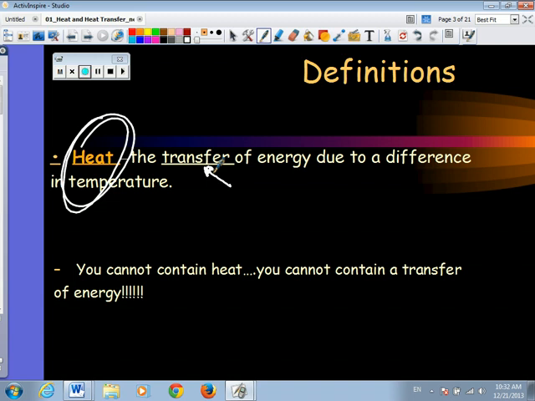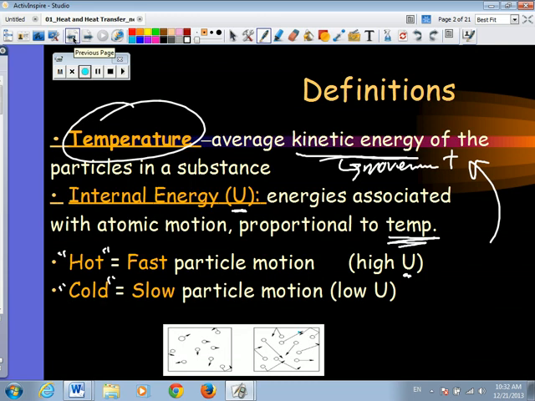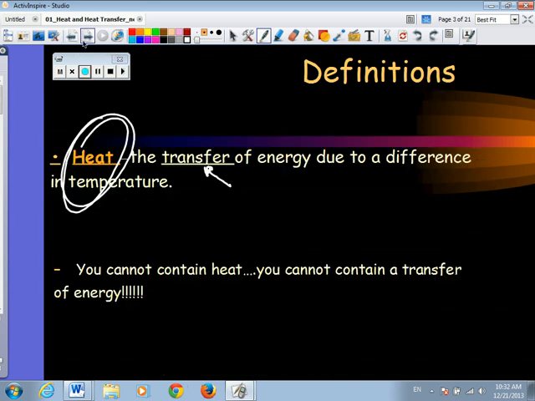Remember, temperature is the average kinetic energy of the particles in an object. When you come in contact with other objects that feel hot or feel cold, there's transfer of energy going on.